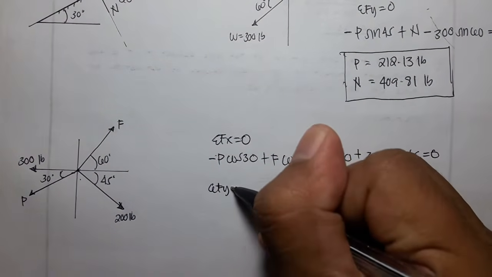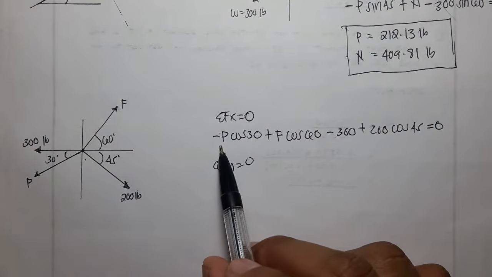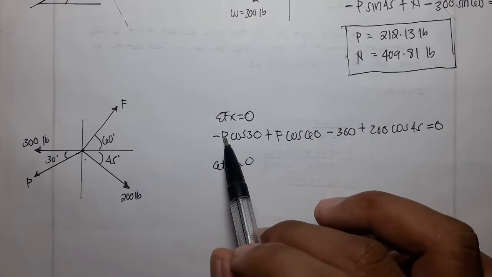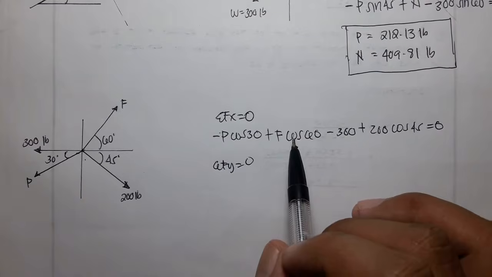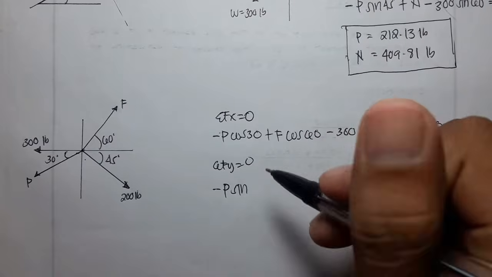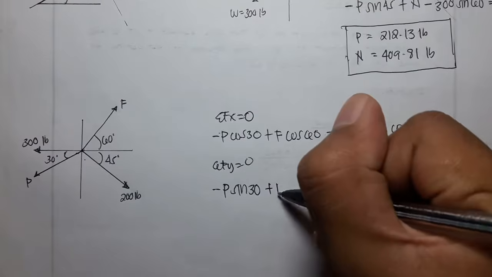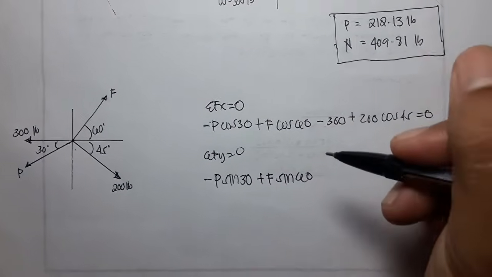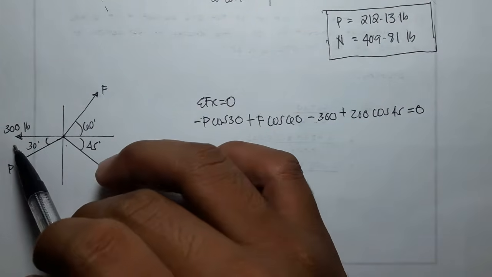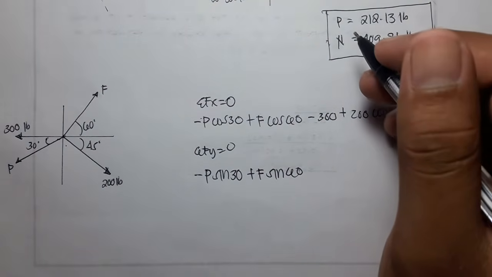So summation of forces y equals to 0, then P. So remember, you should put what you put in the first equation. So if I put P in the first, then second is F. So now I should also put the P first, then the F. So P sine 30 plus F sine 60, then 300 is an x going to the x, so it is not included in our y forces.